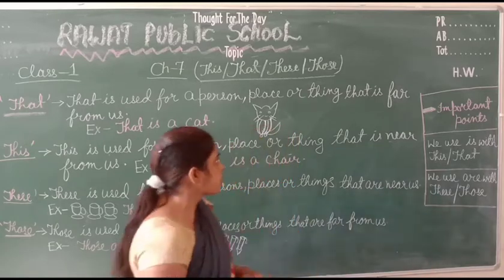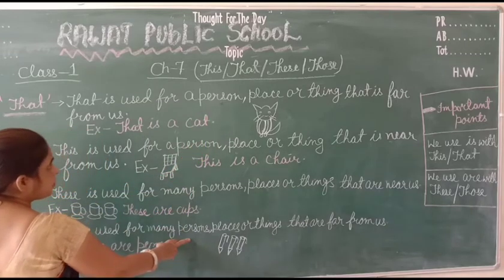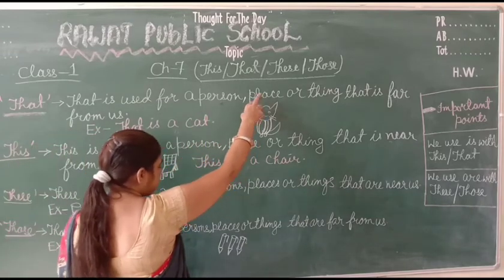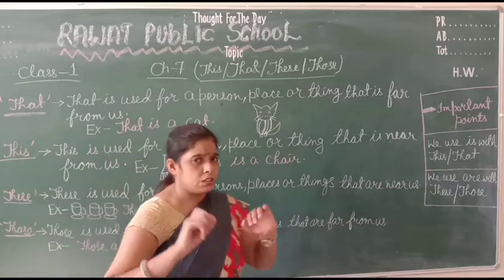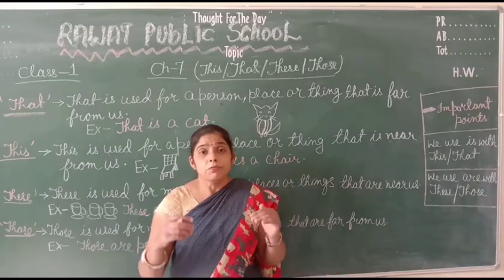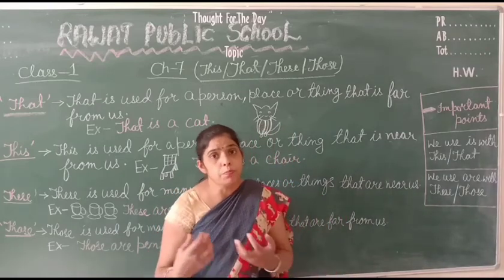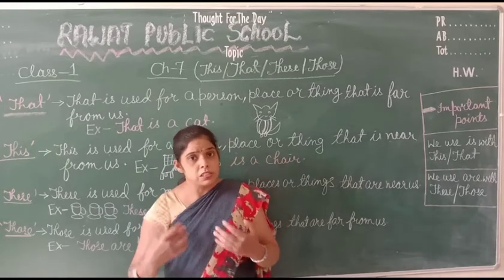Look here students, here I am writing person, here I am writing persons, and here place, places, things. It means you have cleared this time. We use those for plural. The condition is same, the position is same.